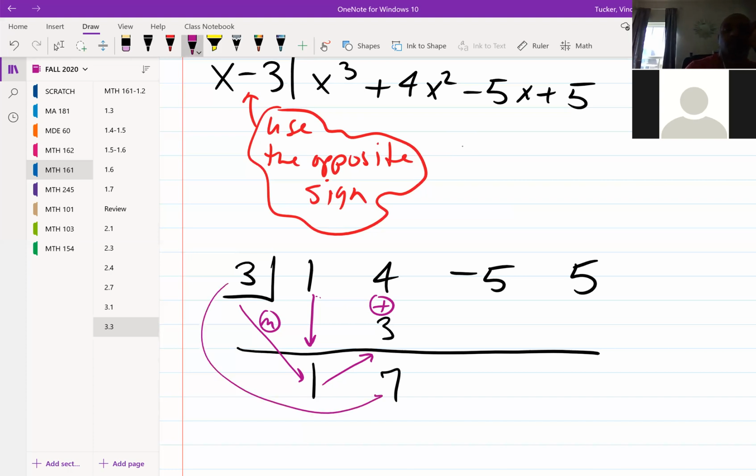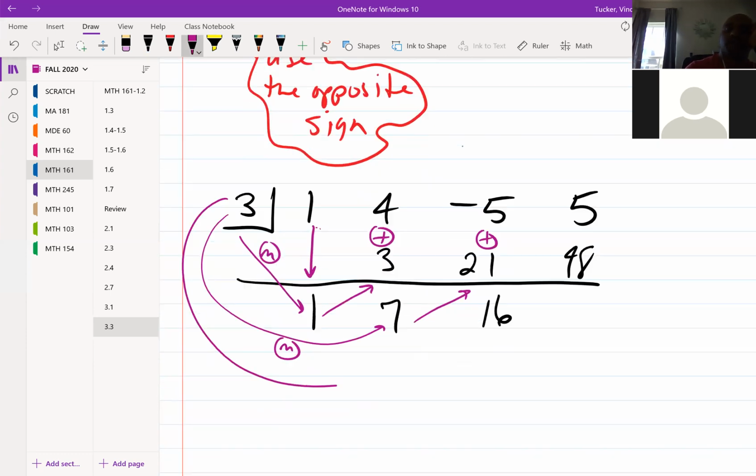We multiply 3 times that 7, take it up here, that'll be 21. Add those together, 16. 3 times 16 is 48. Still keeping with that same process, multiplying, add these together. That'll be 53. This right here will always be your remainder.